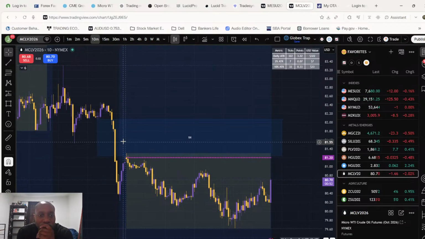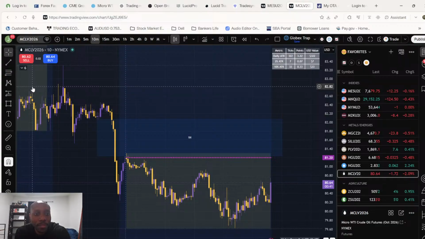Also got a gap on the 10 minutes there. We got like a demand zone here, kind of, slash 10-minute gap. Let's throw that in there.